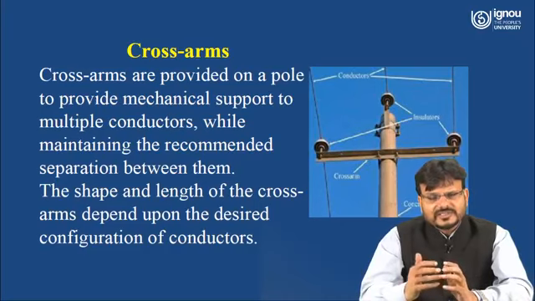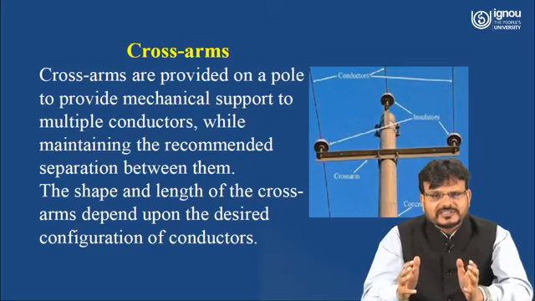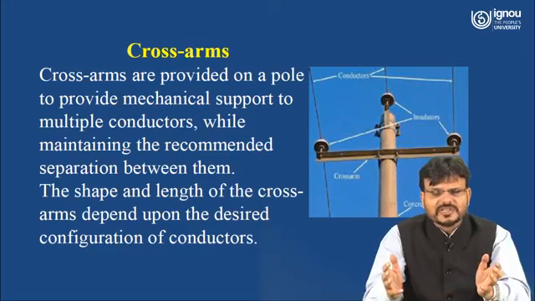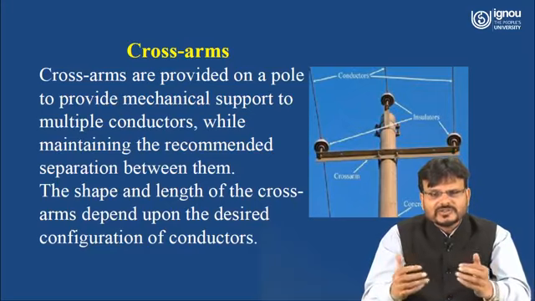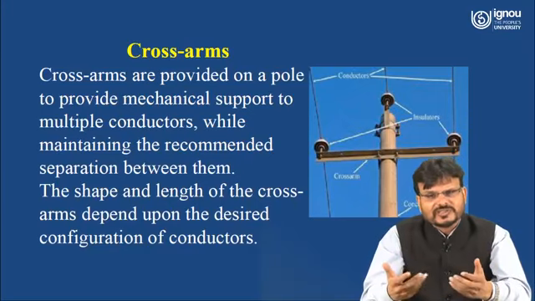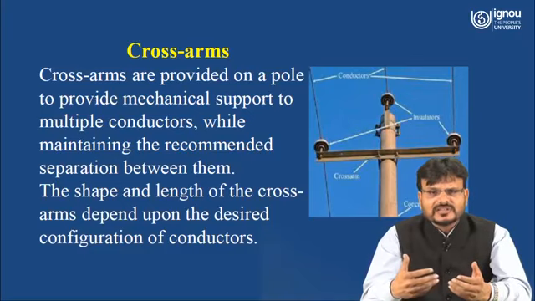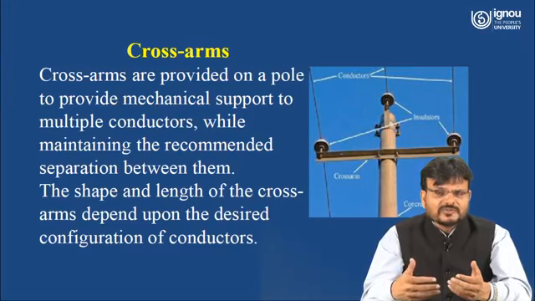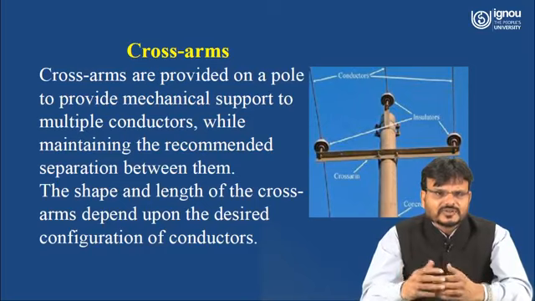As voltage level increases, the space between the conductors increases. If the space between the conductors increases, that means the length of the cross arm will increase. If the length of the cross arm increases, the cost of the cross arm will increase. By this you can understand how the cost increases if you are transmitting or distributing at high voltage.